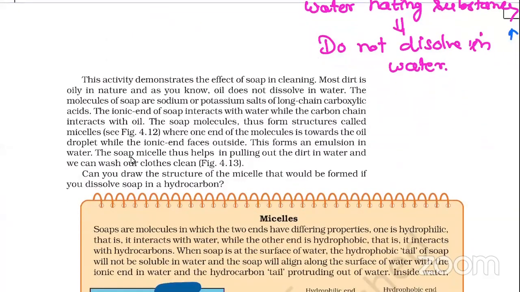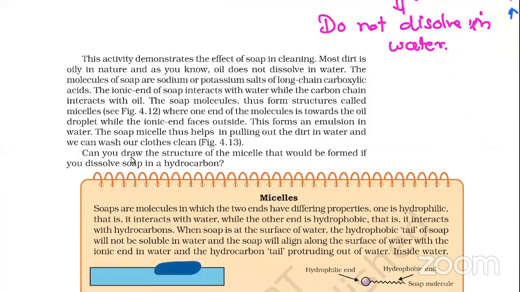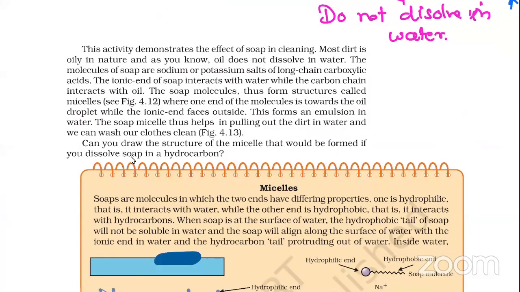So let's mark a few lines here. Most dirt is oily in nature and oil does not dissolve in water. The molecules of soap are sodium or potassium salts of long chain carboxylic acids.